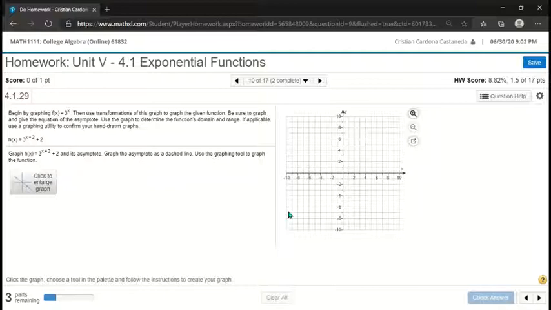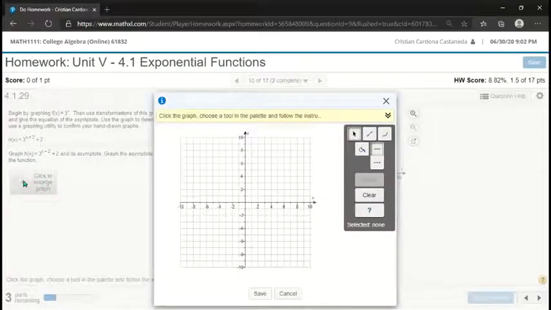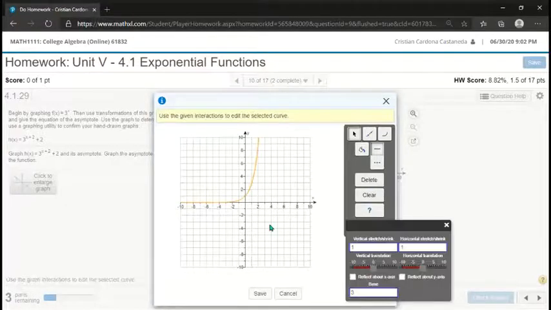This one's a little bit more interesting, right? We have 3 to the power x plus 2, and then outside of the exponent, plus 2. Again, I'm going to hit the graphing tool, and first I'm going to start with the exponential graph. Click anywhere. So I have 2 transformations to take care of.